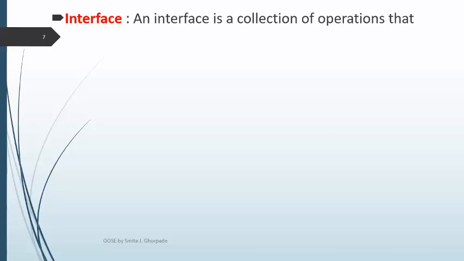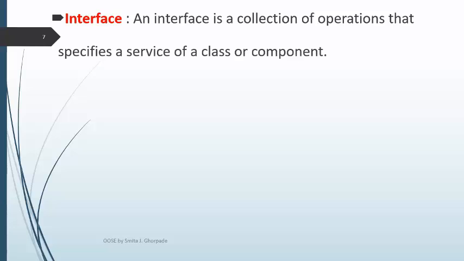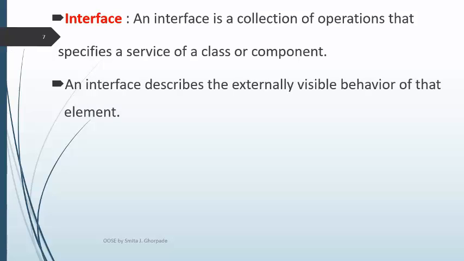Interface. An interface is a collection of operations that specifies a service of a class or a component. An interface describes the externally visible behavior of that element. A notation for interface is you can represent interface in angle brackets, that is greater than and less than sign, and an interface keyword should be placed along with the class name.